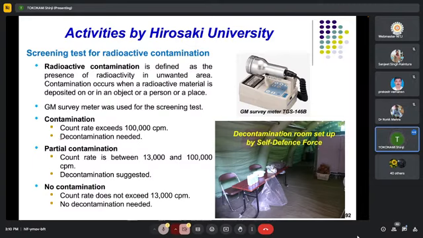In this case, decontamination is needed. In the case of partial contamination, the count rate is between 13,000 and 100,000 cpm. In this case, decontamination is suggested. No contamination means the count rate does not exceed 13,000 cpm. In this case, no decontamination is needed.